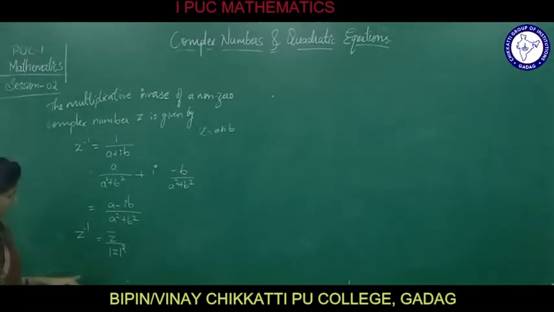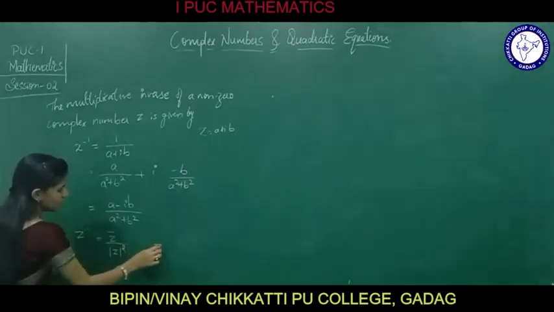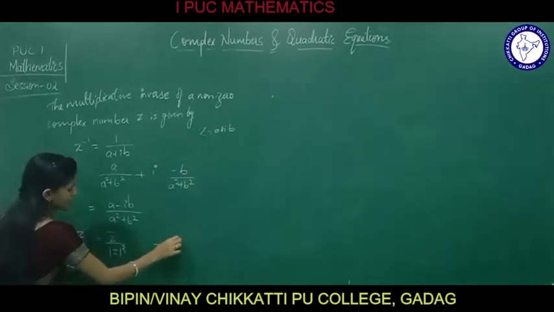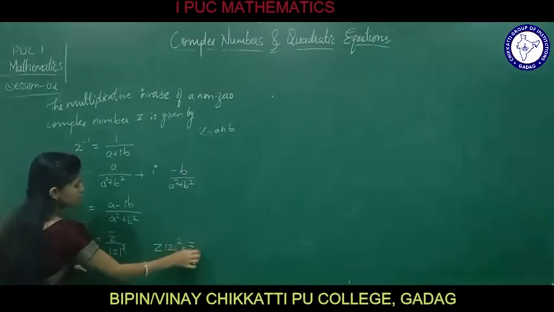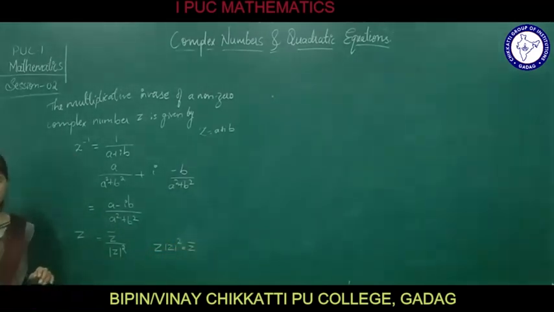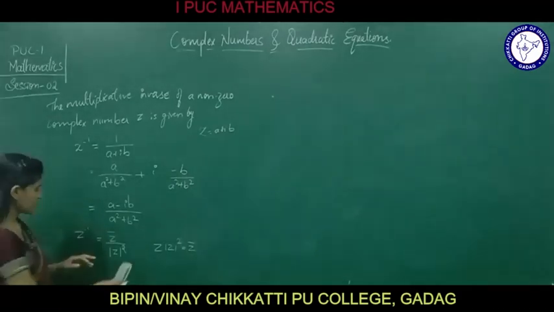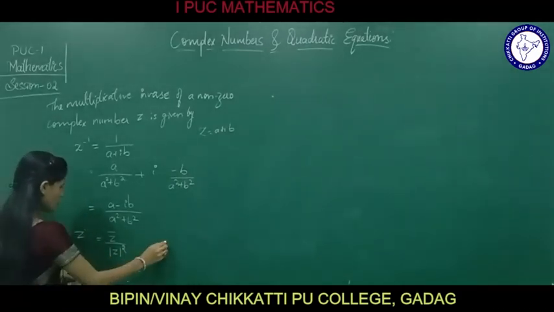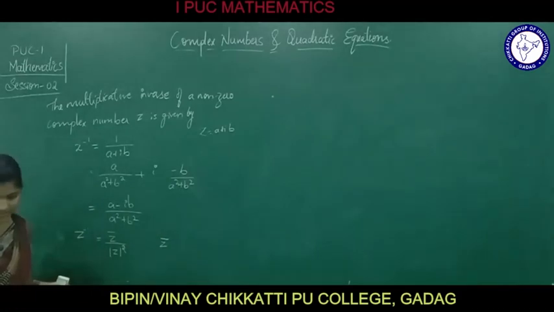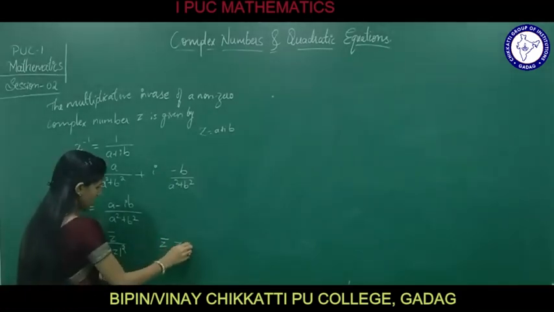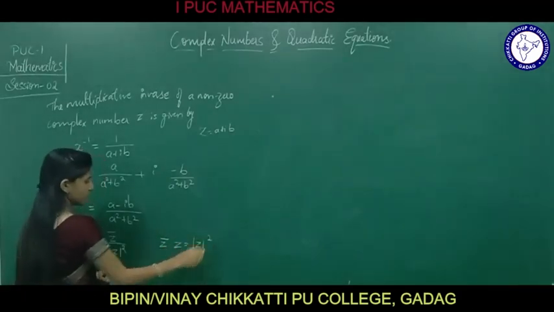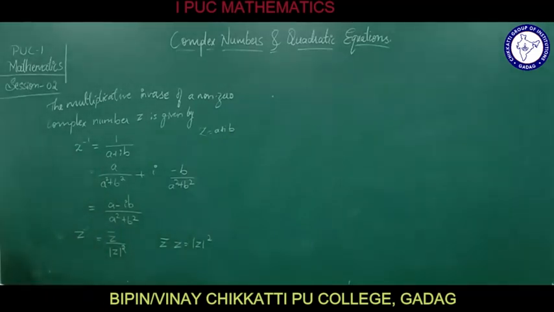And this can be further simplified. Or this can be written as z into conjugate of z, that will be equal to mod of z square.